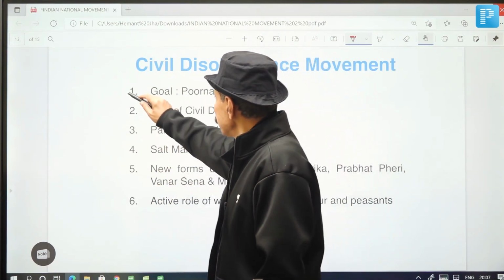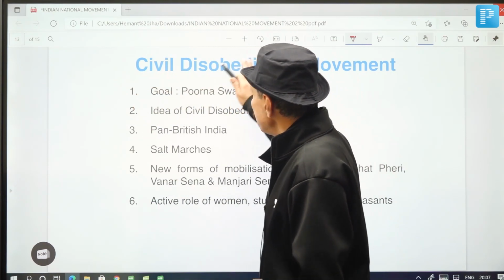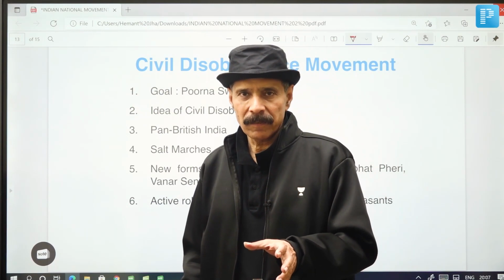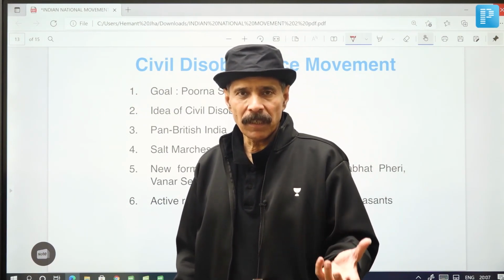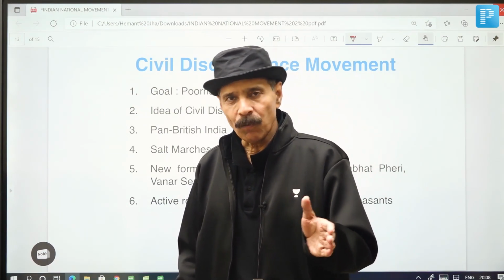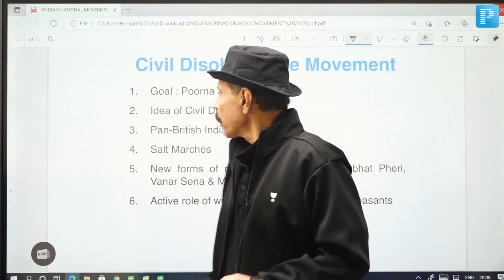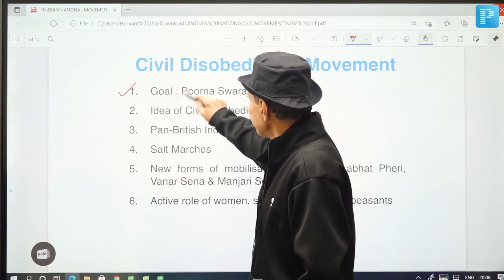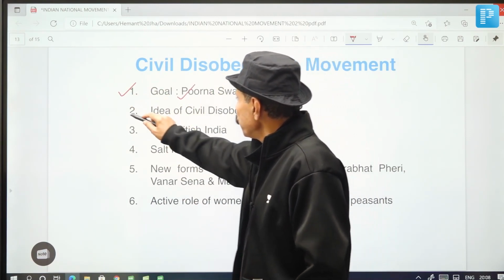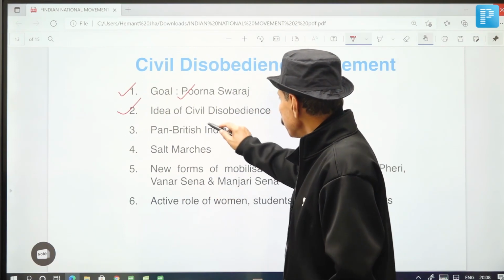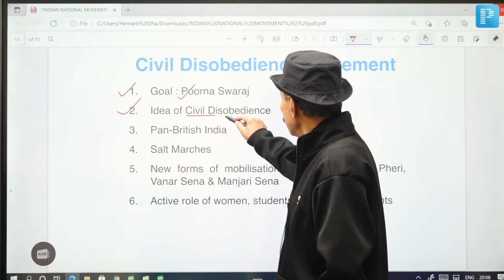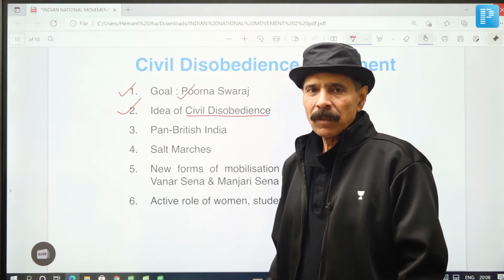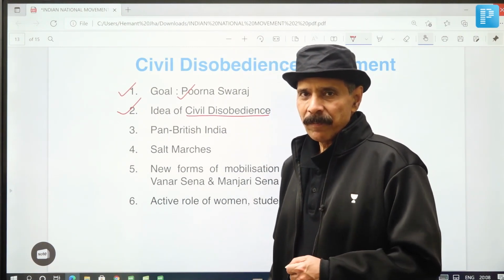The first point here is the chronology, which is very clear: 1930 to 1934. The background is also clear: Pune Swaraj Declaration, 1929 and onwards. The first point here is goal. The goal was Pune Swaraj. Second, this was based on the idea of civil disobedience. And civil disobedience means disobedience of law in a peaceful manner.